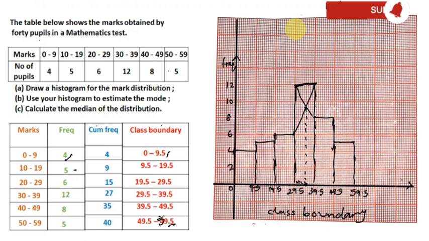So the mode, I can just read this off. This is 31.5, 32.5, 33.5, 34.5, 35.5, almost 36. So my mode is equal to 36 approximately.